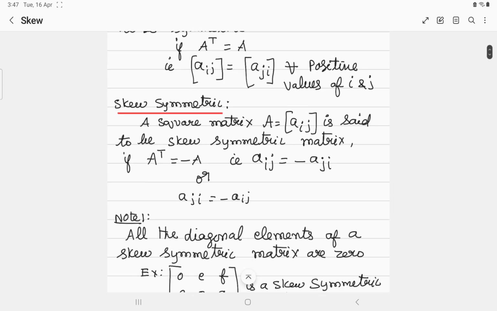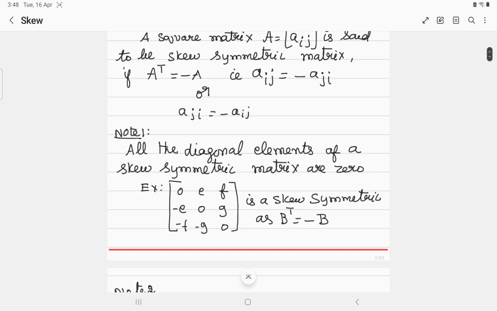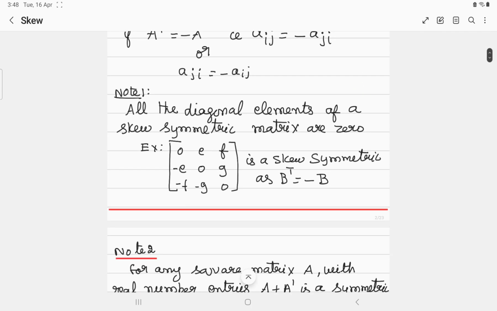Skew symmetric matrix. A square matrix Aij is said to be skew symmetric matrix if A transpose is equal to minus A, or Aij is equal to minus Aji. Note 1. All the diagonal elements of a skew symmetric matrix are 0. So here see the example.